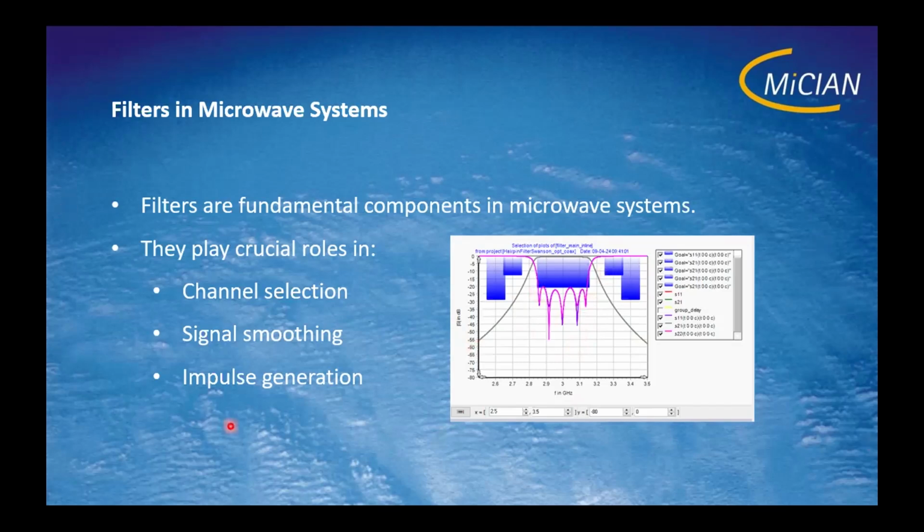Here you see this frequency response, and the bottom axis represents the frequency in gigahertz. This filter has a center frequency around 3 gigahertz. It's a 3 gigahertz filter. And the left axis is the S parameters in dB.